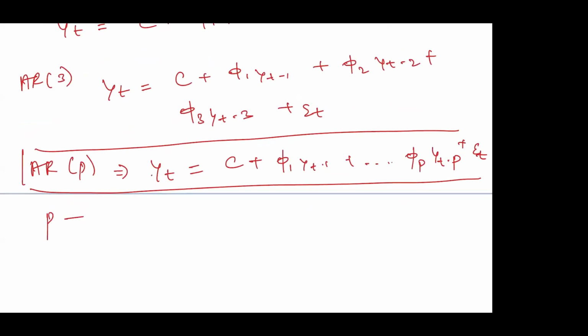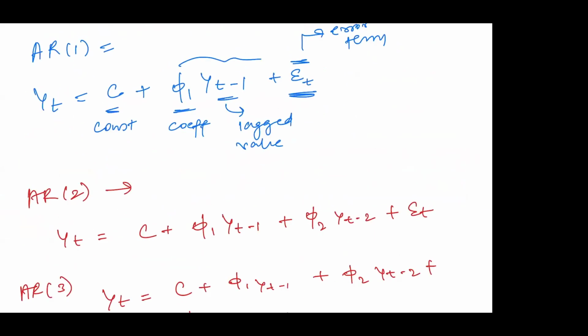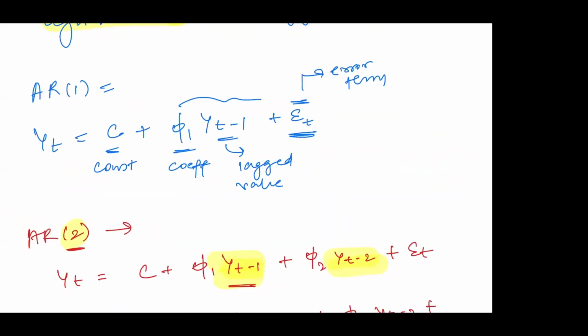So here P is what? P is the lag term that we are considering. How many lag terms are we considering? In this case, we were considering only two lag terms, that is T minus 1 and T minus 2. If you see here, the lag term was 1, that is yt minus 1.